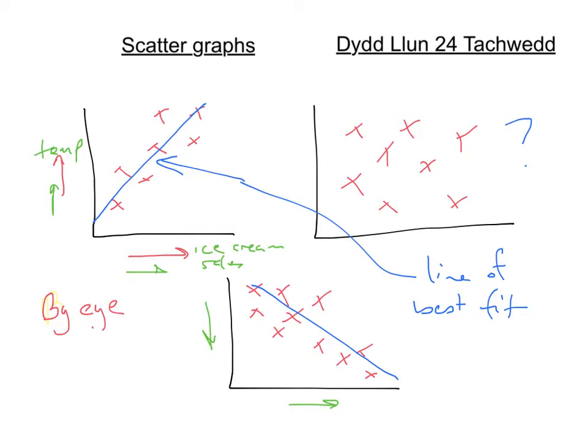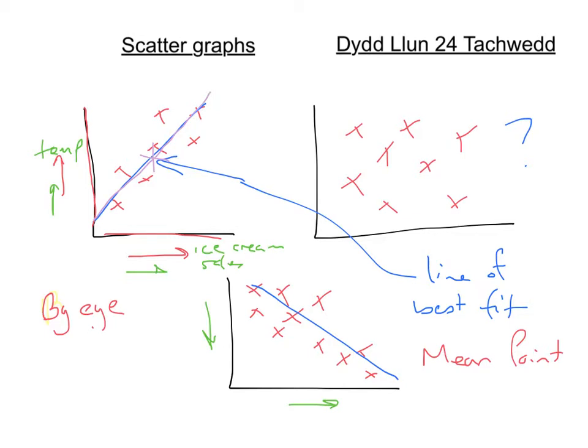So what is the mean point? Well, the mean point is where you work out the mean, the average of values along one axis, and the average of values on the other axis. And you plot that point on your graph, and the line of best fit should go through it. So we'll look at that in a moment.